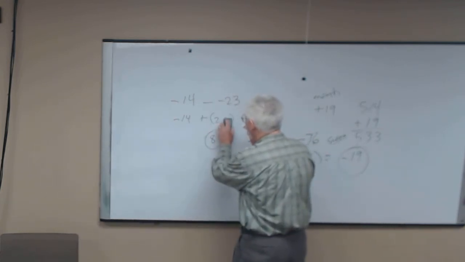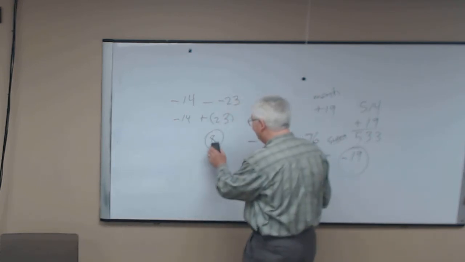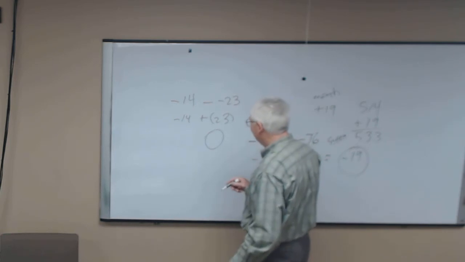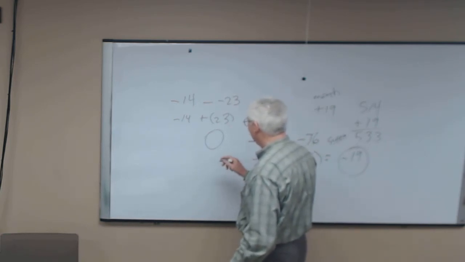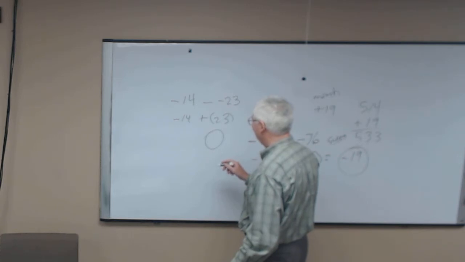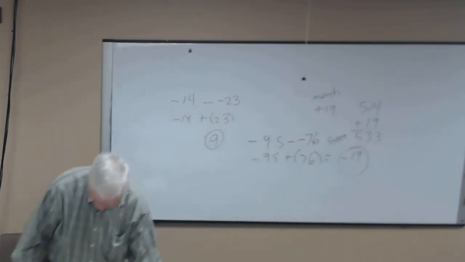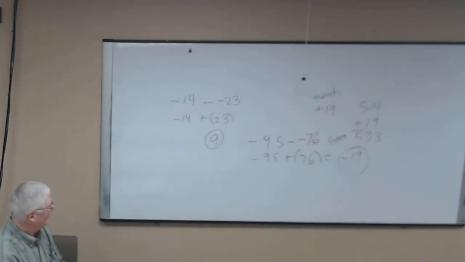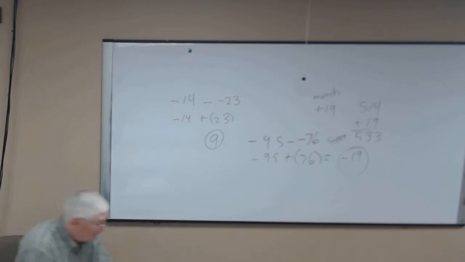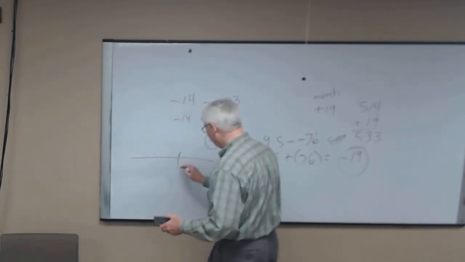Oh, man. I got to copy stuff down right if I want the right answer, don't I? So then what is it? Nine? You go, I don't know, I'm having trouble seeing that. Well, then just draw yourself a little number line. Here's 0.